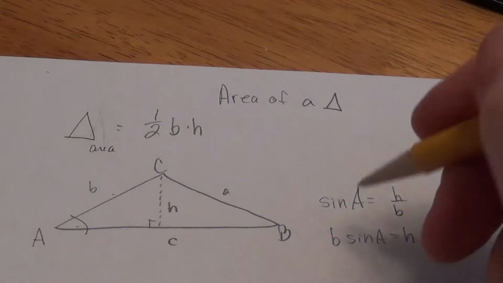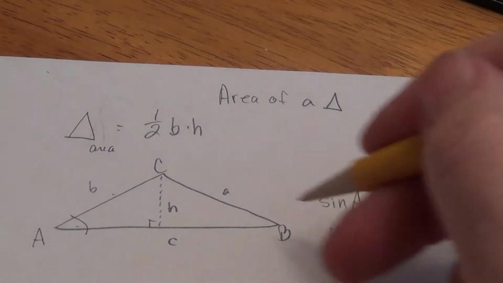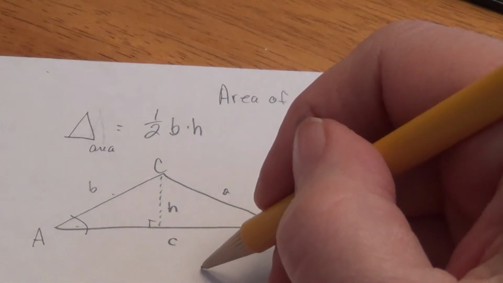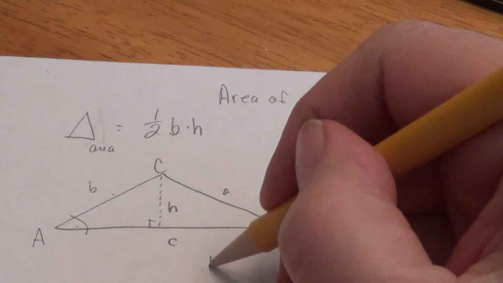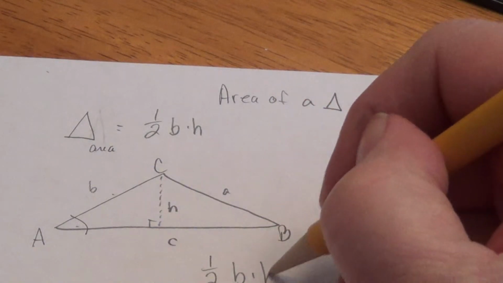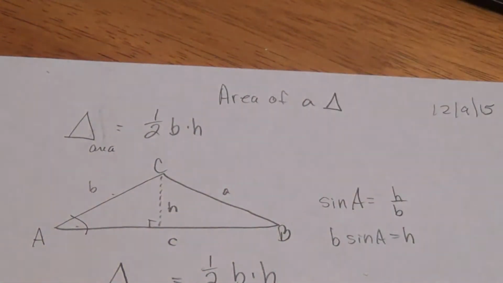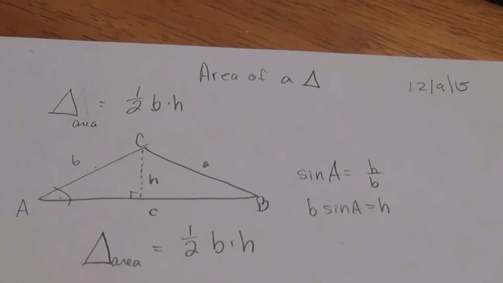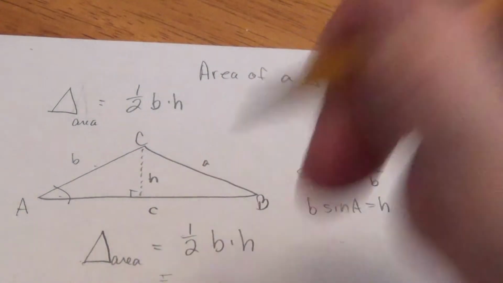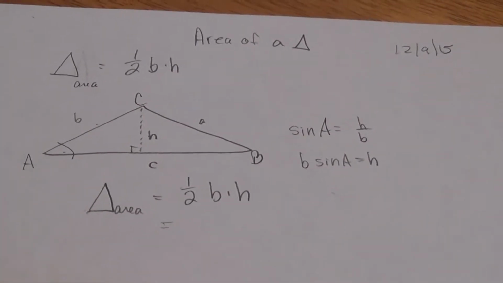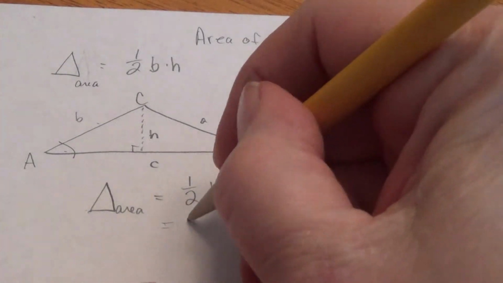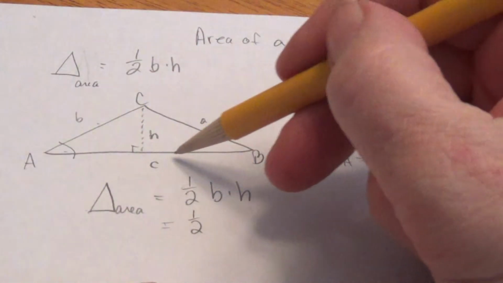So, how will that work if I put it in the area of a triangle formula, 1/2 base times height? So the triangle's area equals 1/2 base times height. Well, in our oblique triangle here, we still have the 1/2. And what is the base of this triangle?